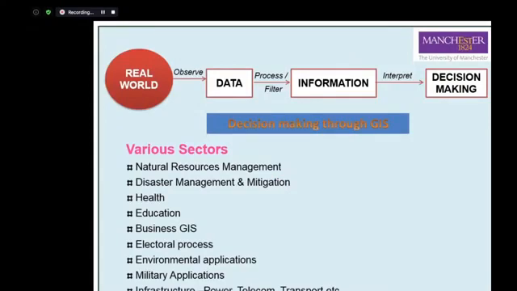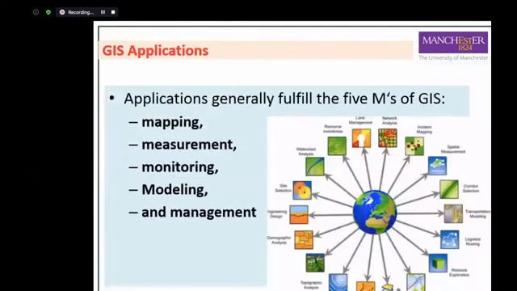Infrastructure, urban planning, military applications. So now, the 5Ms: mapping, measurement, monitoring, modeling, and management. These 5Ms are very important for applications of GIS. First, what does a geographer or GIS planner do? They do mapping. First they prepare a map, then measure what is within this map, and then monitor.